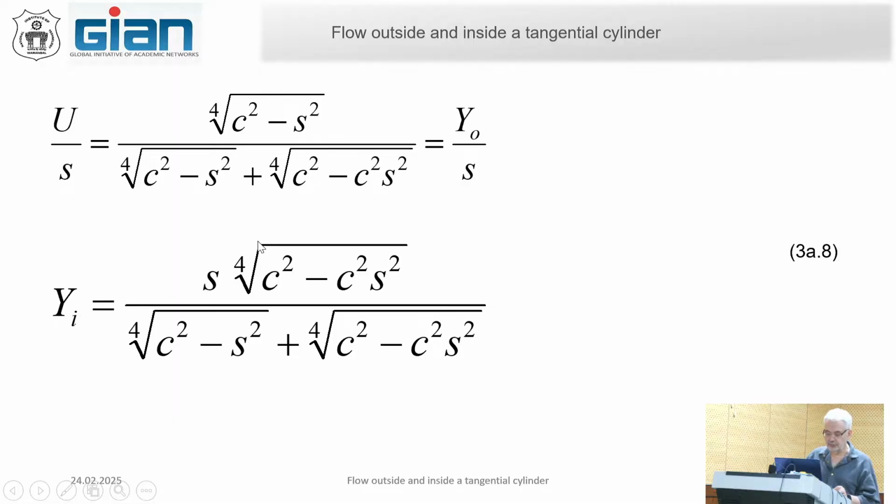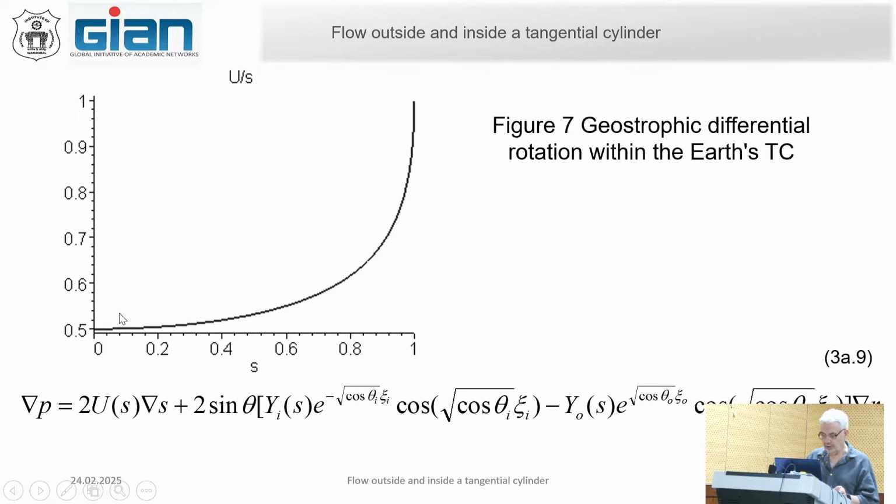This is in the outer layer, this is in the inner layer. And so the most important result of all this calculation is just to understand how this differential flow works. And you see that we put this result here.